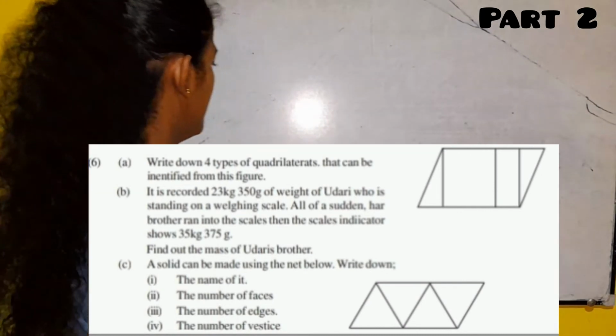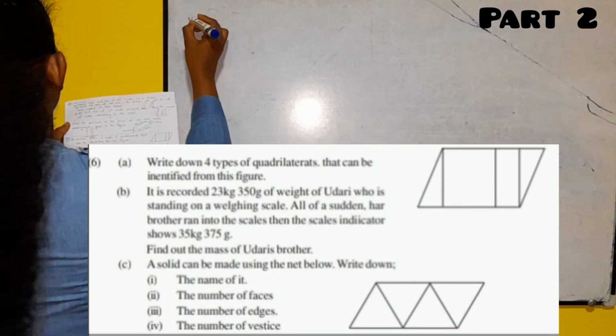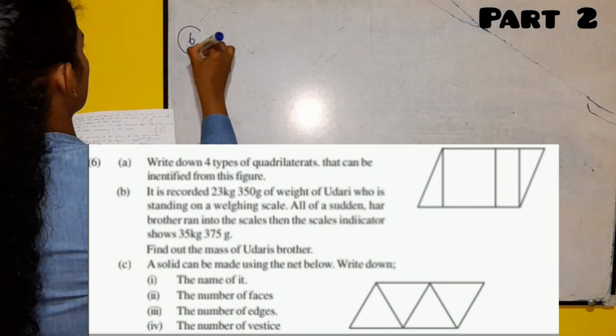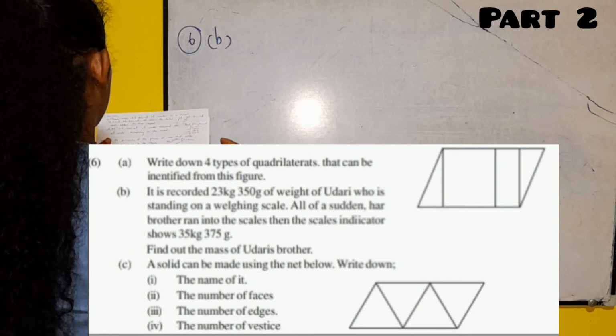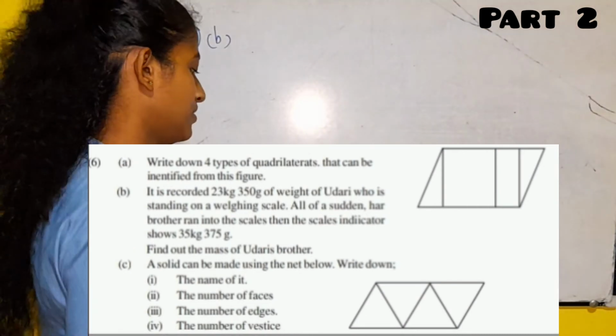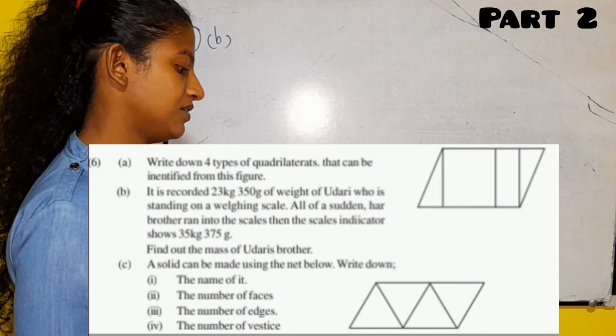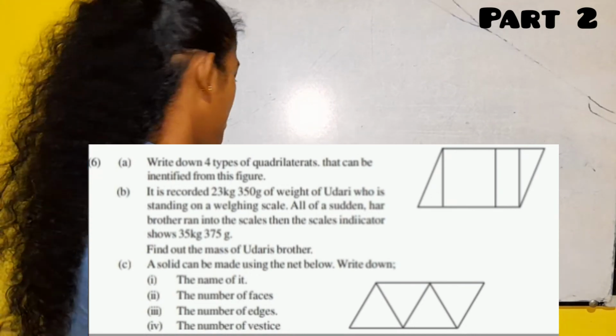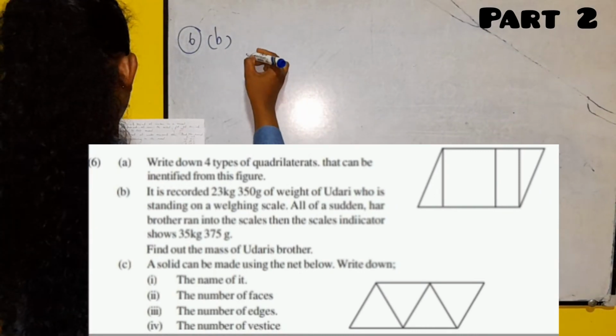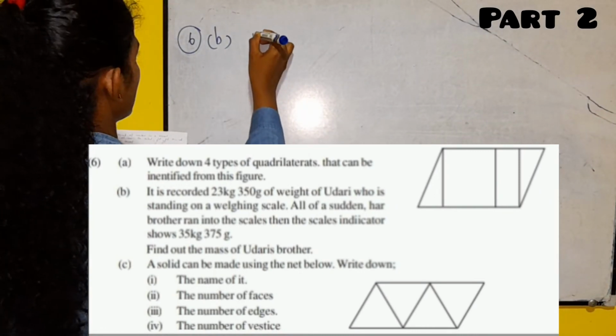So, how to find that? By subtracting the weight of Udani from the total amount indicated on the scale, you can get the weight of the brother.